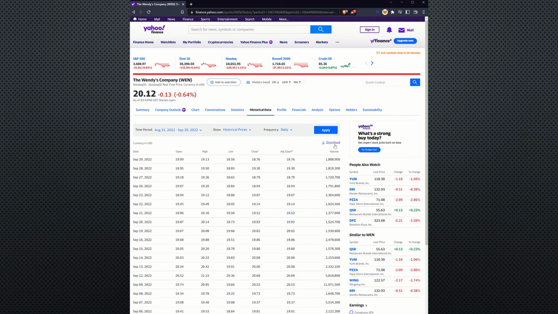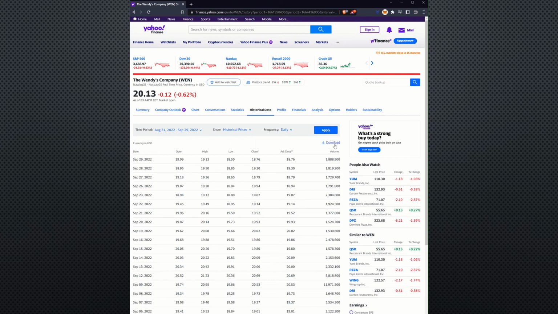Then we go ahead over here under the apply button. You see the download button. Go ahead and click on the download button. If you have a Chromebook, that will automatically save it onto your hard drive. So take a look there. It'll have a window that pops up and it says open folder, and open up that folder and go ahead and look at the location where the file is and change it.